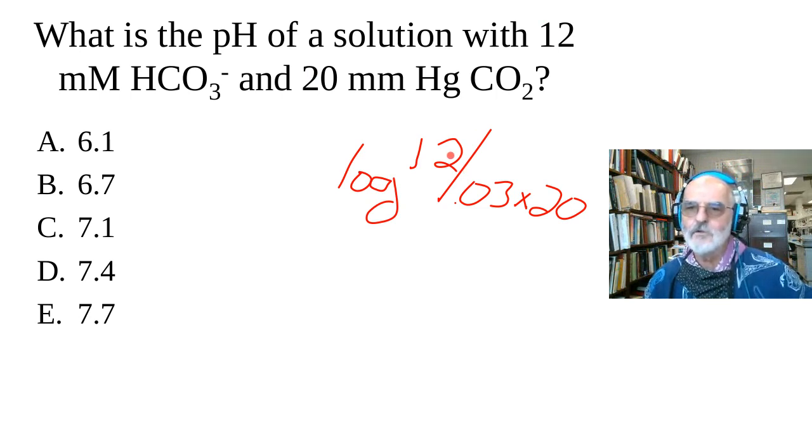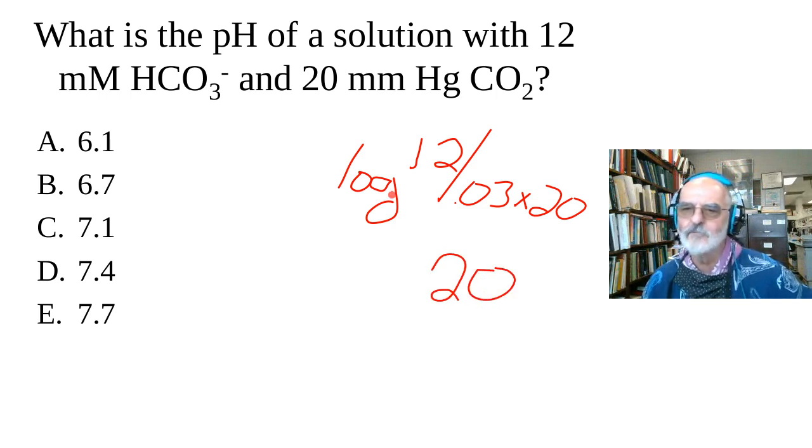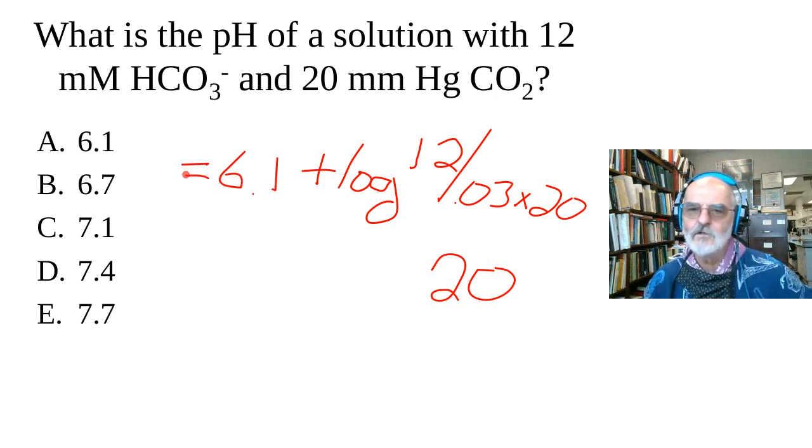Both the numerator and the denominator compensate. This is still a ratio of 20. The log of 20 is still 1.3. When you add this to 6.1, you're still going to get 7.4. So both the bicarb and the CO2 went down, and you're still going to get 7.4.